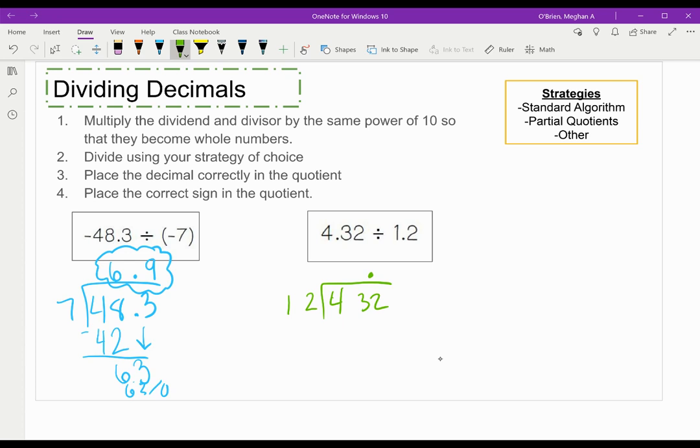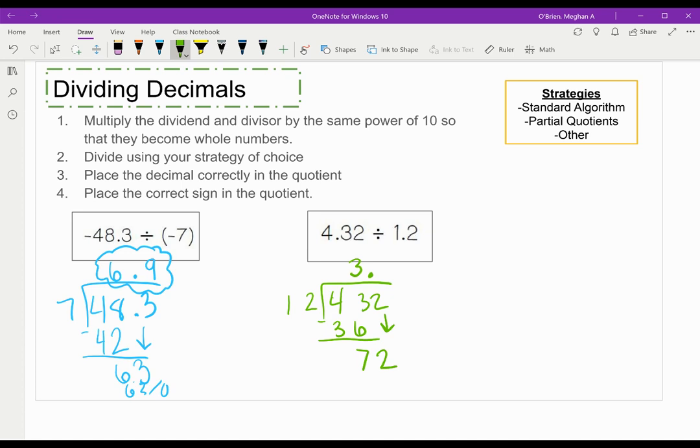So 12 can go into 43 3 full times, because that would be 36. Or again, it's like fitting it in 30 times. Then subtract, and the difference between 43 and 36 would be 7, and then I'll drop that last digit down to finish this problem.